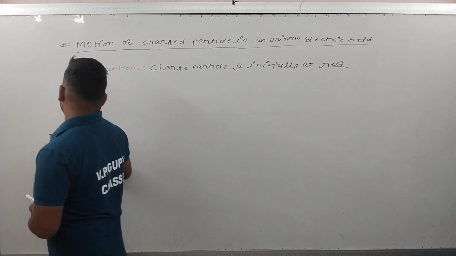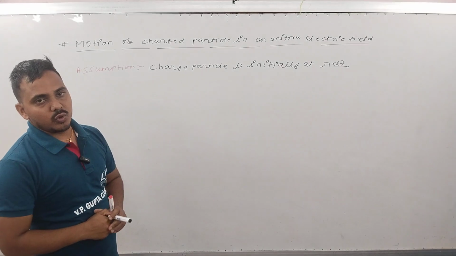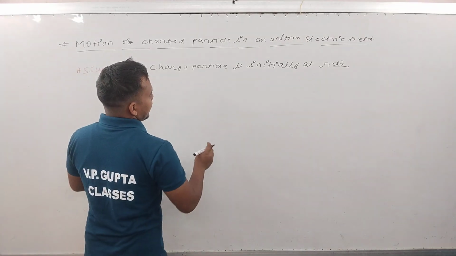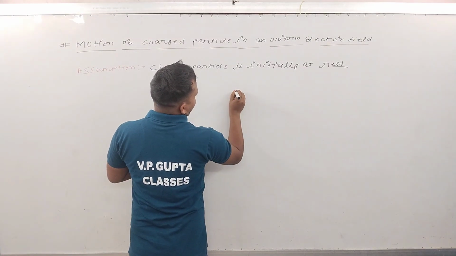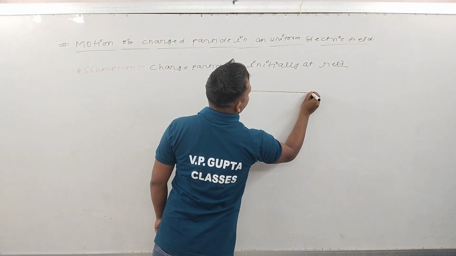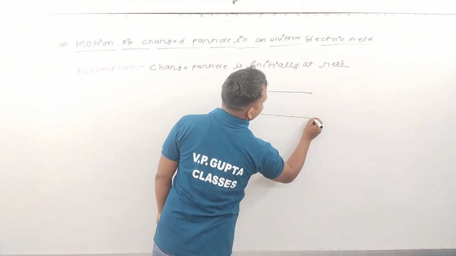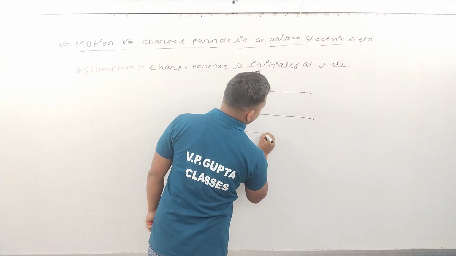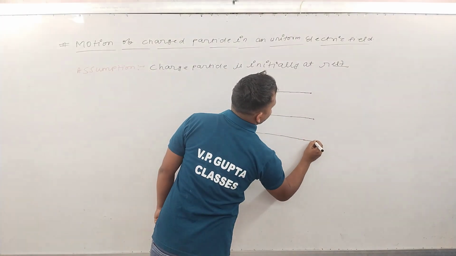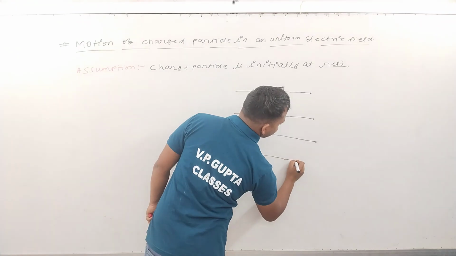And assume that a charged particle of charge q is placed. First of all, we take a uniform electric field E, having the same direction and same magnitude at each point.